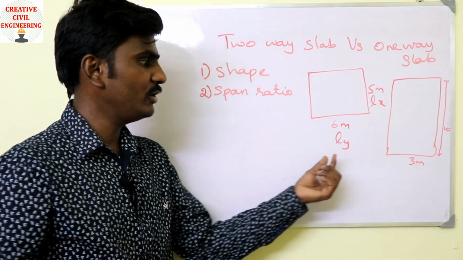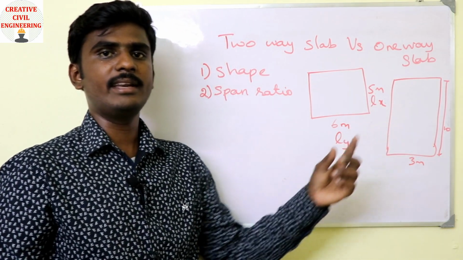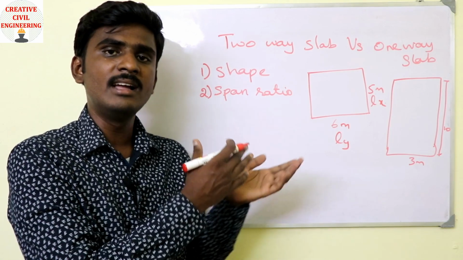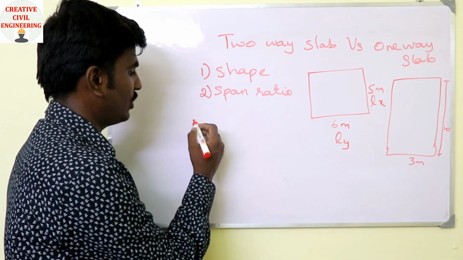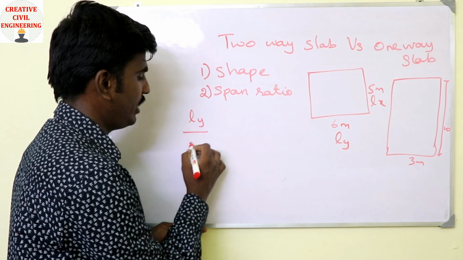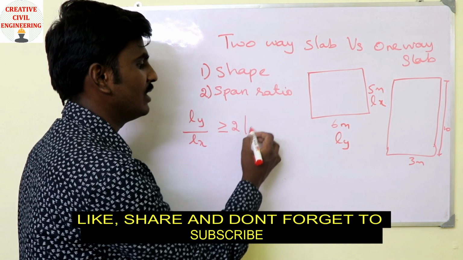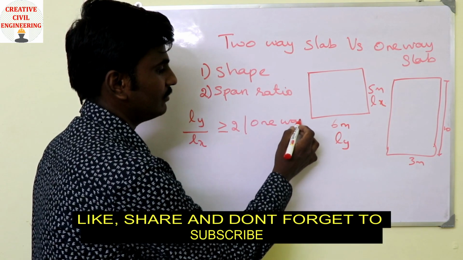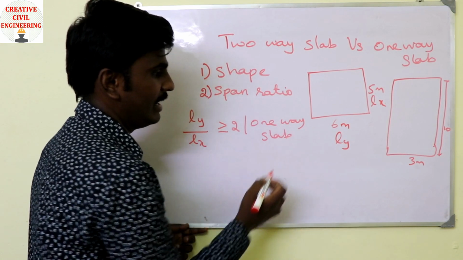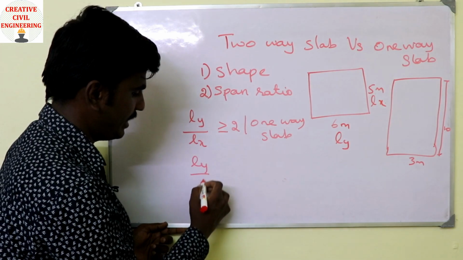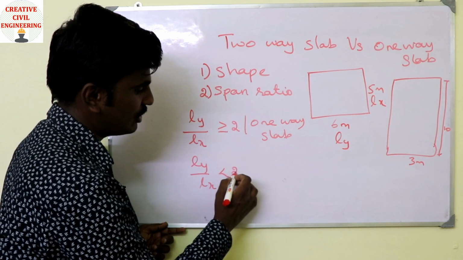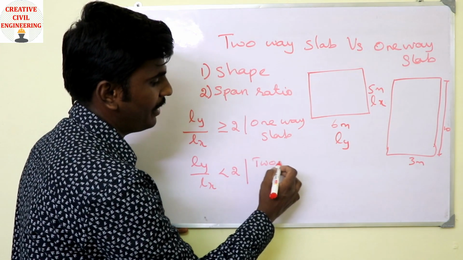So when you see the ratio between Ly and Lx, the value will say the type of slab. For example, Ly by Lx greater than or equal to 2 means that is a one-way slab. In case of Ly by Lx less than 2, that is a two-way slab.